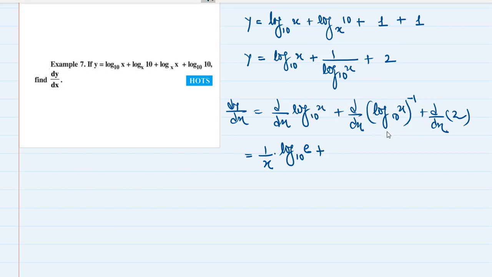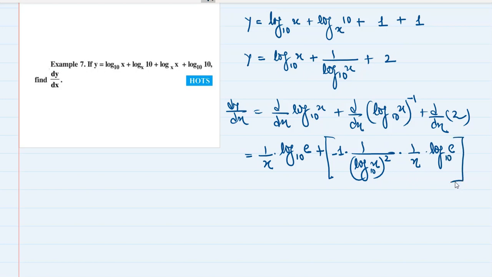So we have minus 1 and we get this: minus 1 multiplied by 1 upon log of x to the base 10 the whole raised to 2, multiplied by d by dx of the inside thing, d by dx of log of x to the base 10, which we already know, which is 1 by x multiplied by log of e to the base 10.